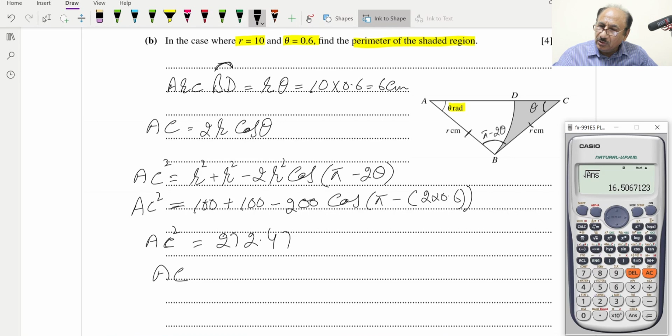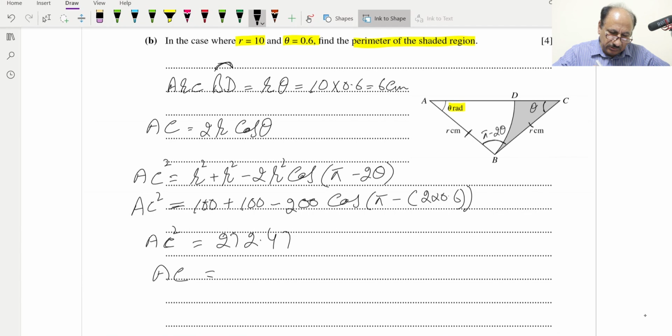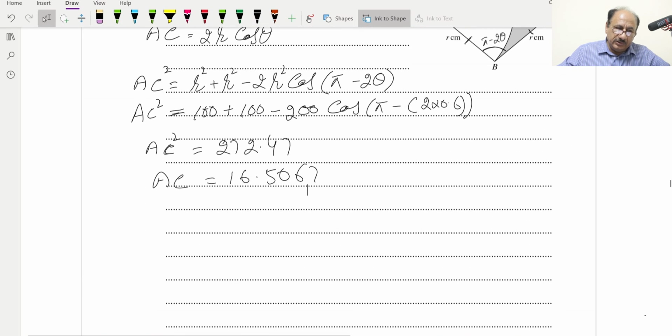We can find the value of AC by taking the square root of this, so the square root of the answer will be equal to 16.5067. Now AC is this one, and DC also we can find. DC will be equal to 2r cos theta minus r, so we can move the page a little above.